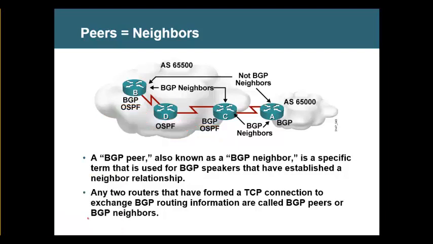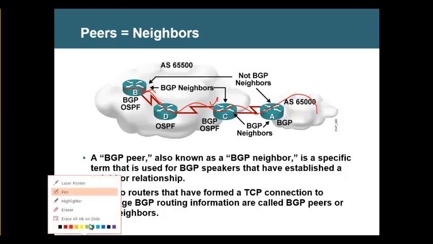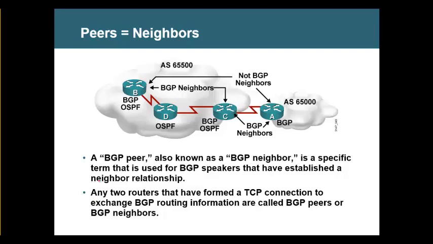BGP running on this router is only running to bring those external routes inside along with the attribute. So those BGP peerings are called IBGP peering. IBGP neighbors: internal, within the autonomous system.